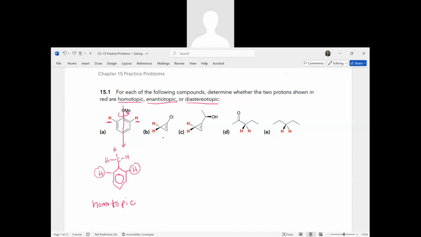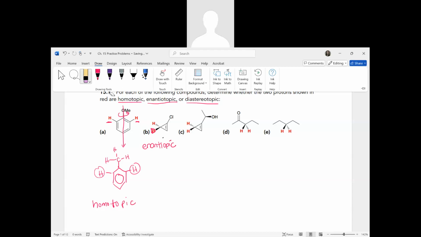So we could also do the replacement test and conclude that we have enantiotopic protons shown here, because if we replaced one at a time and then did the mirror image of one compound to another, we would see that these are enantiomers. So these would be enantiotopic, these two hydrogens.